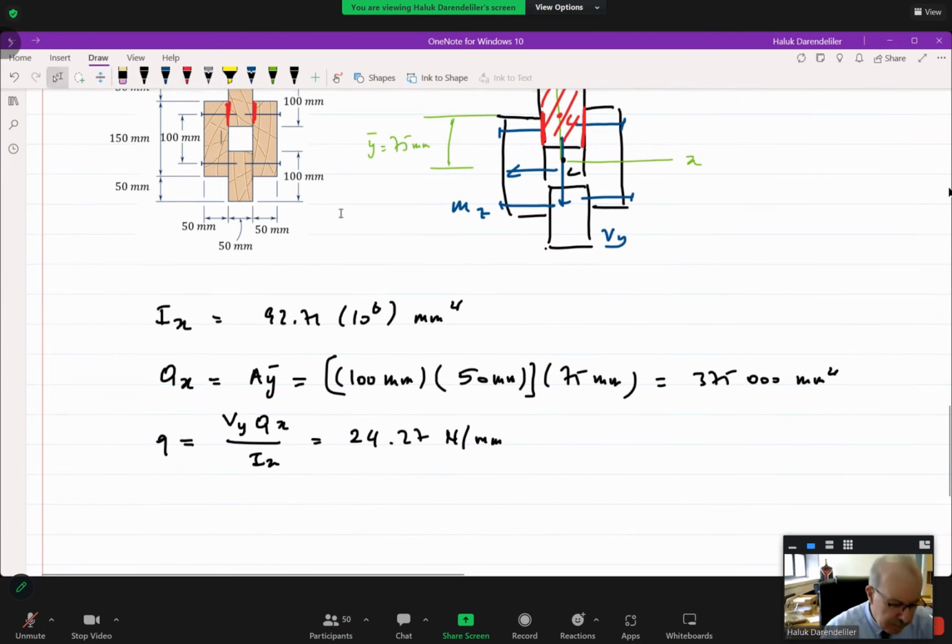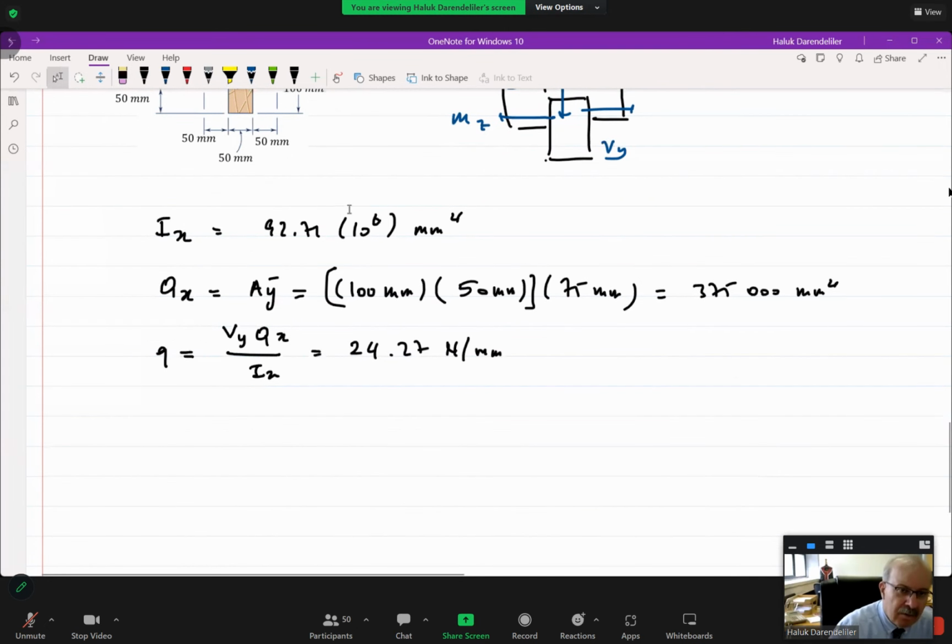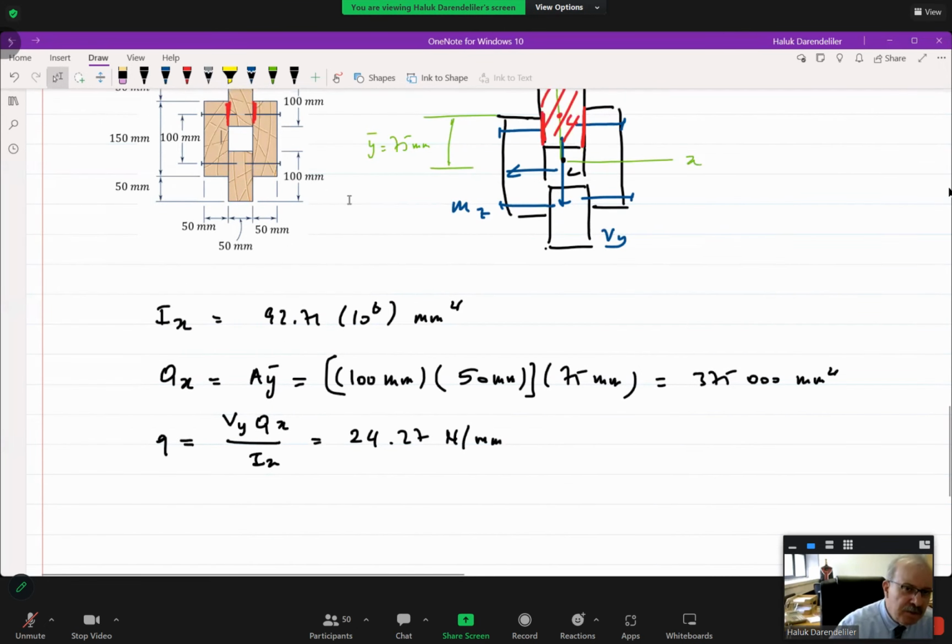Okay. Now, this shear flow is transmitted from one portion to the other through these nails. We know that the force carried by each nail is related to the distance between the nails. So F nail is equal to q times s. However, when you consider our cross-hatched area, there are two nails, one on the right, one on the left.